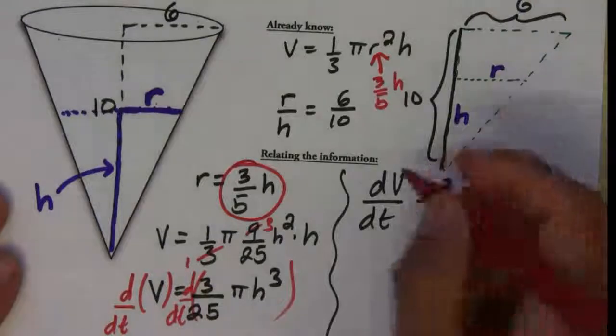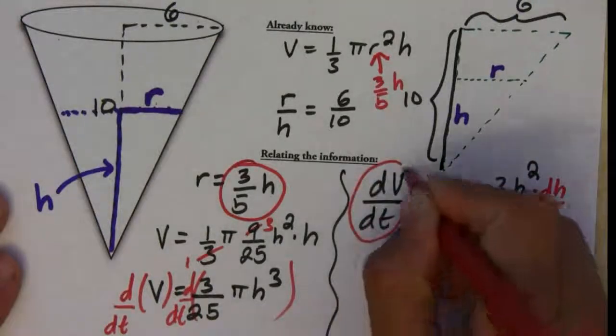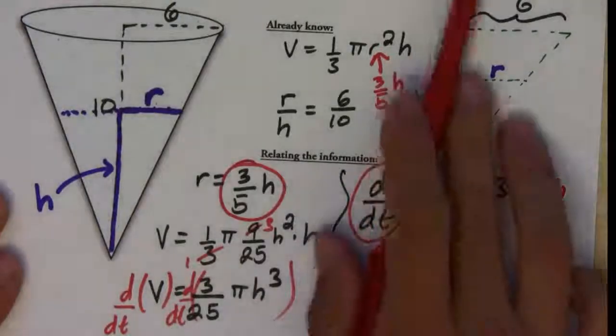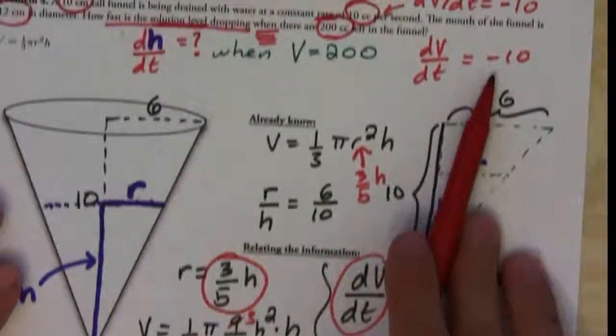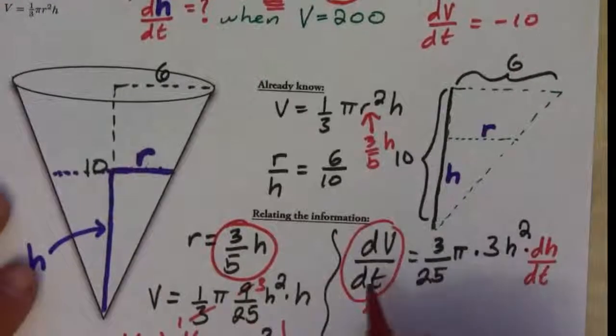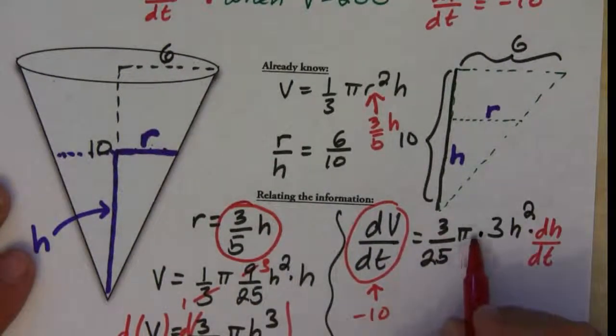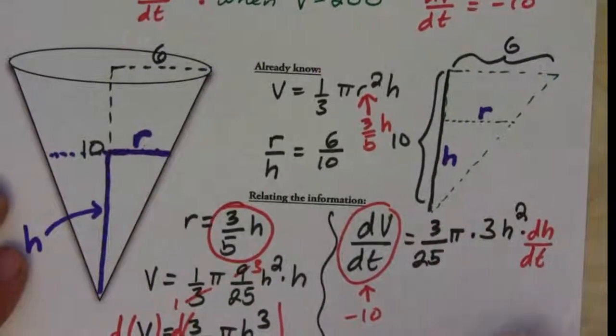Okay, and then I take a look. Well, I know that dV over dt is equal to negative 10. So I can plug that in. 3 over 25 pi, those are just constants.